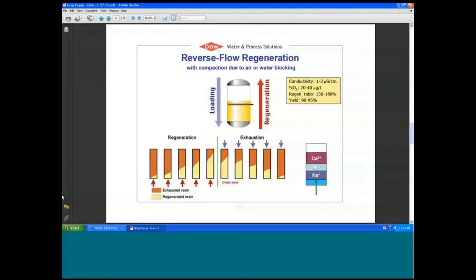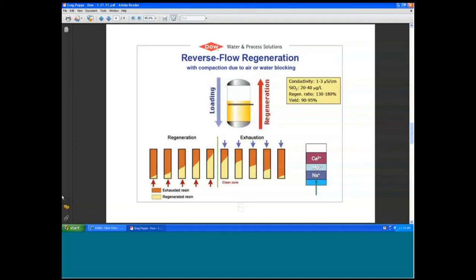And then the other nice thing about it is the acid is in first contact with sodium. Sodium has less affinity than, say, calcium and magnesium, so it's easier to remove. But then sodium is moving upward in the bed and helps to remove the magnesium better than hydrogen alone could. And in the top of the bed, then, both sodium and magnesium are helping to coax the calcium away from the resin sites.